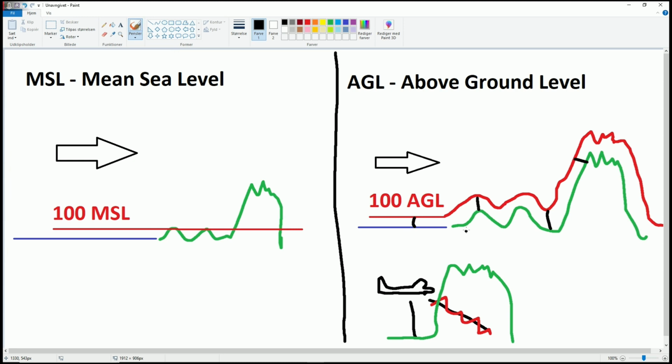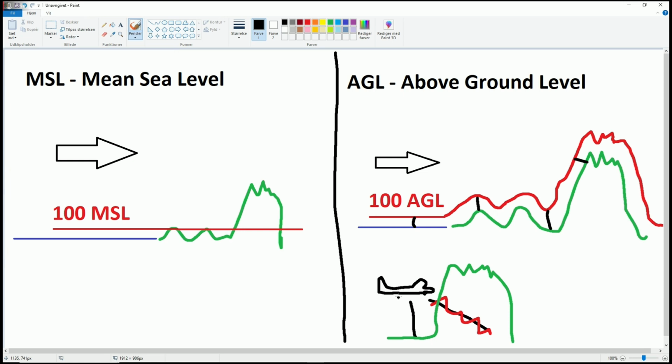One common mistake with AGL is that people think it is a terrain following radar. It is not, and the sensor, the radio used to measure the distance to the ground, is measuring directly down at 90 degrees. It does not look forward, it does not look ahead, it measures directly below you.